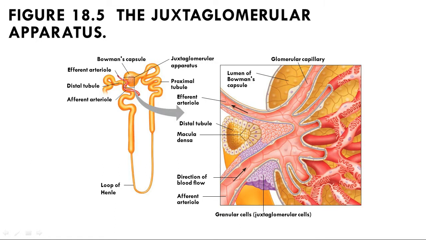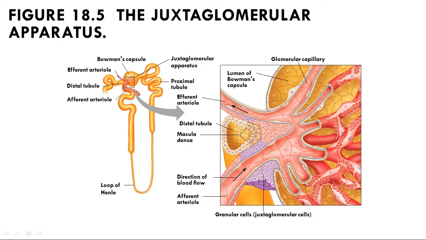The afferent arteriole is probably a little bit larger in diameter than the efferent arteriole. That relationship creates a pressure gradient to ensure that these capillaries don't reabsorb. They only filter your blood plasma.